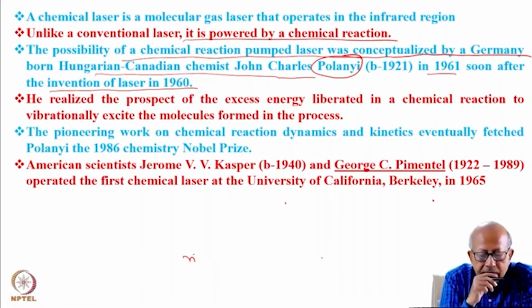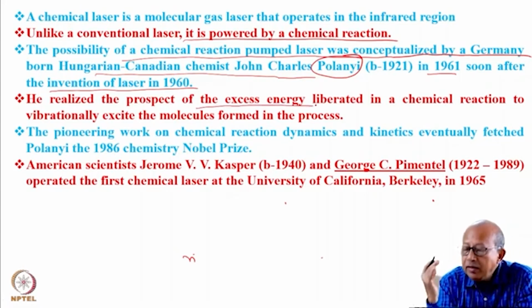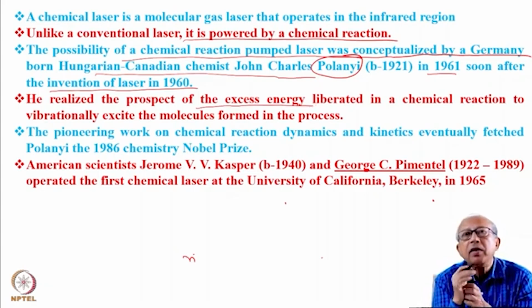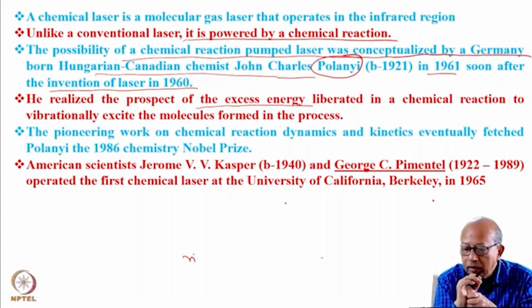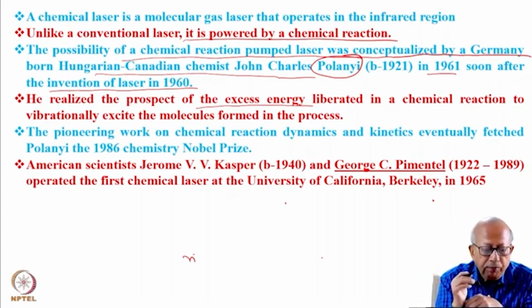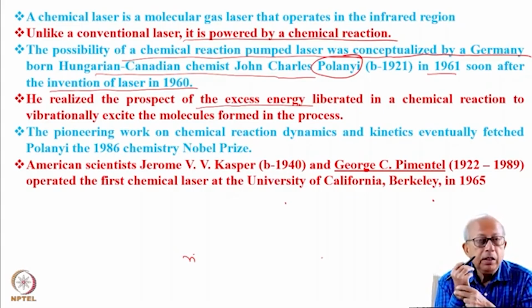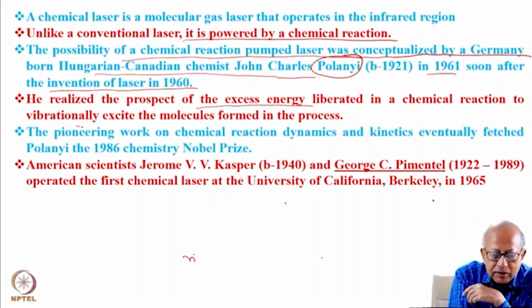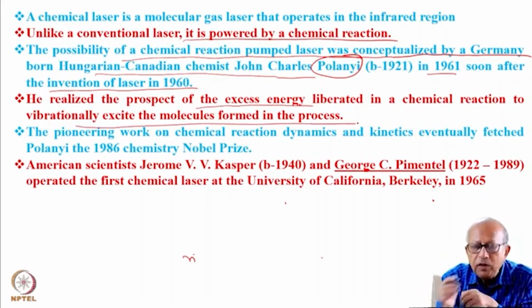He realized the prospect of the excess energy liberated in a chemical reaction. As you know, in a chemical reaction, often energy is liberated. He first realized the prospect of using this energy to vibrationally excite the molecule formed in the process.